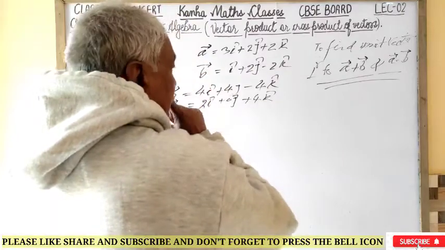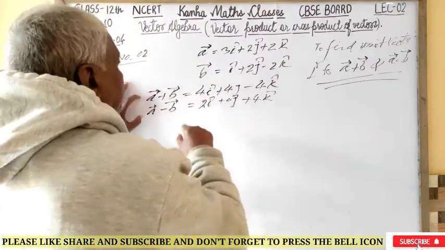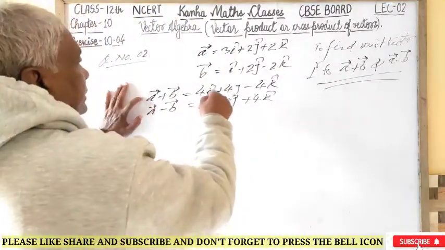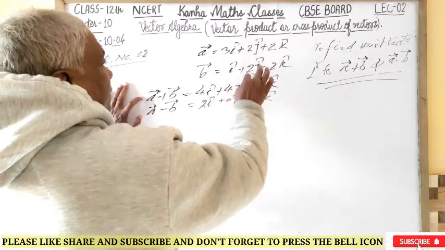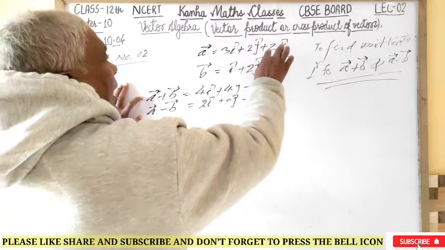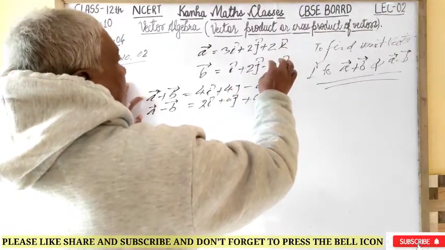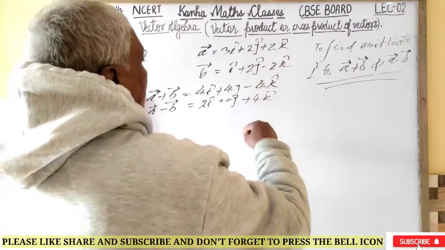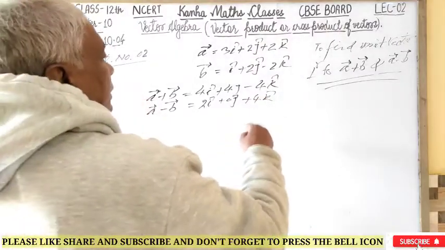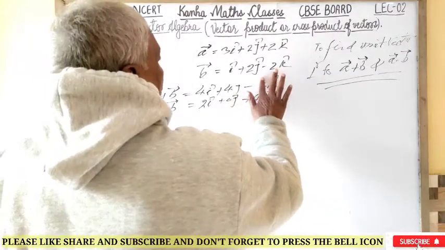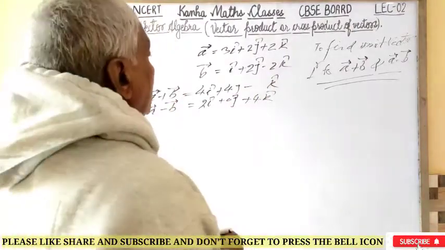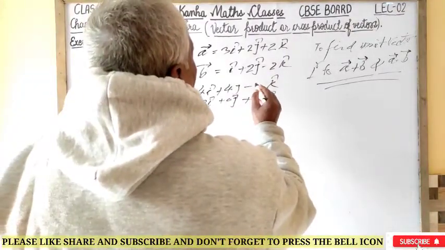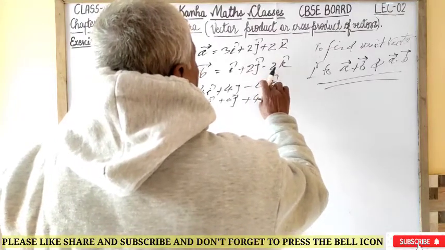For this purpose, we have to calculate vector a plus vector b, that's equal to 3i plus i, that is 4i, 2j plus 2j, that is 4j, and 2k minus 2k, that is 0k.